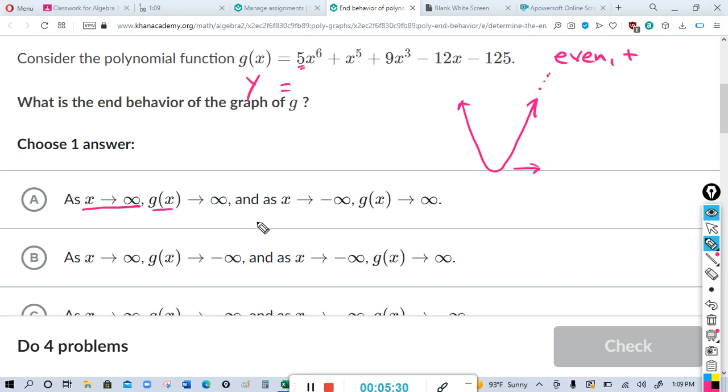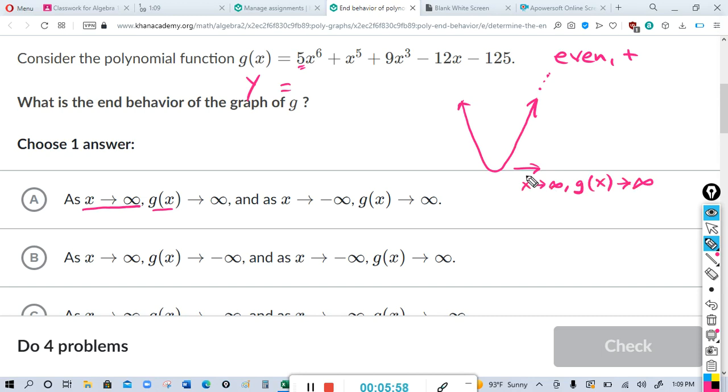Here it says g of x goes to negative infinity. It can't be answer B. It has to be A. We'll scroll down in a minute. But as x goes to infinity, g of x goes to infinity as well.